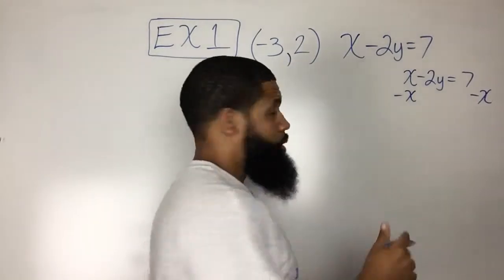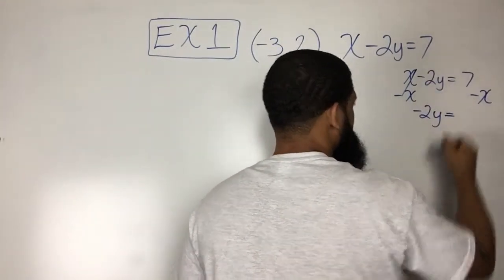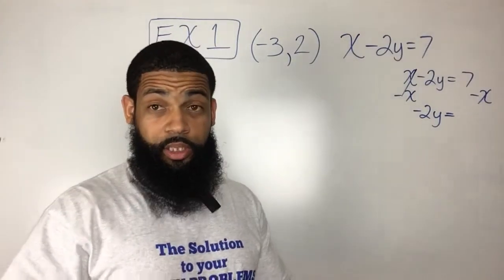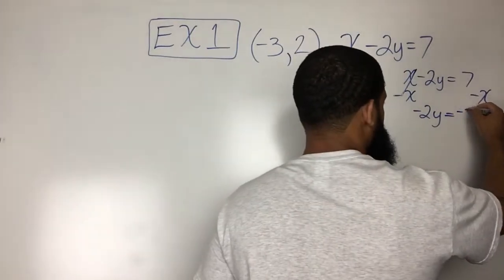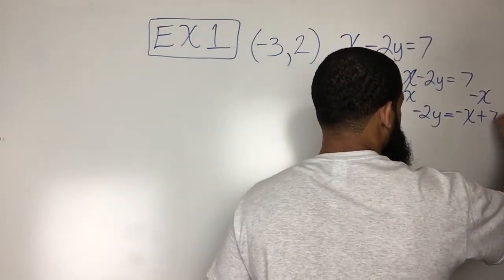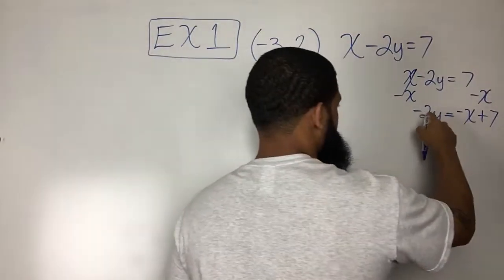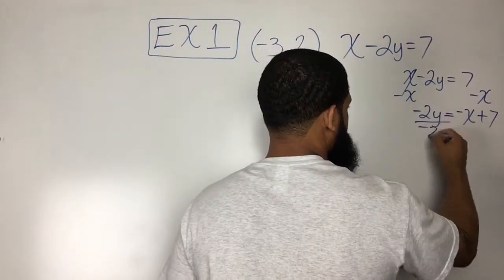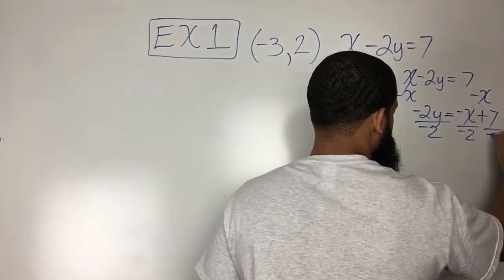Those cancel, so I have negative 2y equals, I'm going to put the x term first because in slope-intercept form, the x term is written first. So negative x plus 7. That is a positive 7, so we need to keep it like that. Now I need to get y by itself, so I need to divide each term by negative 2.